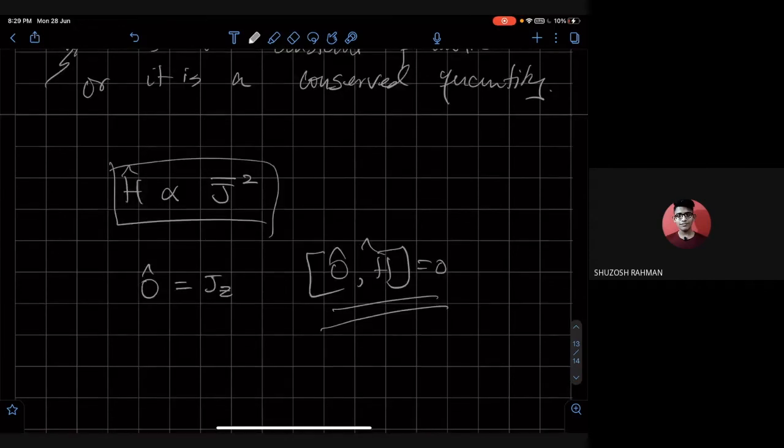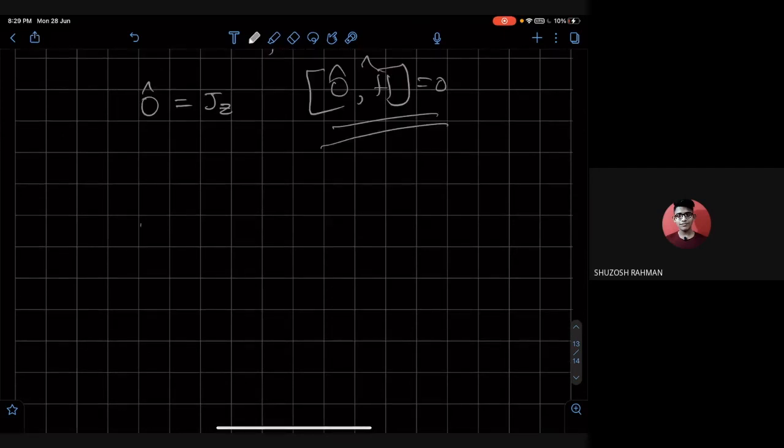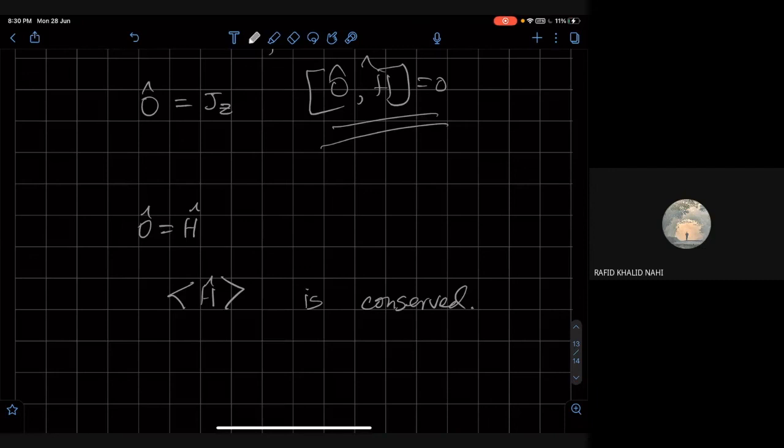A very trivial application of this is when we take O to be H. Then we see that the expectation value of H is conserved. What do we call this statement? Conservation of energy. Exactly. So energy is conserved.